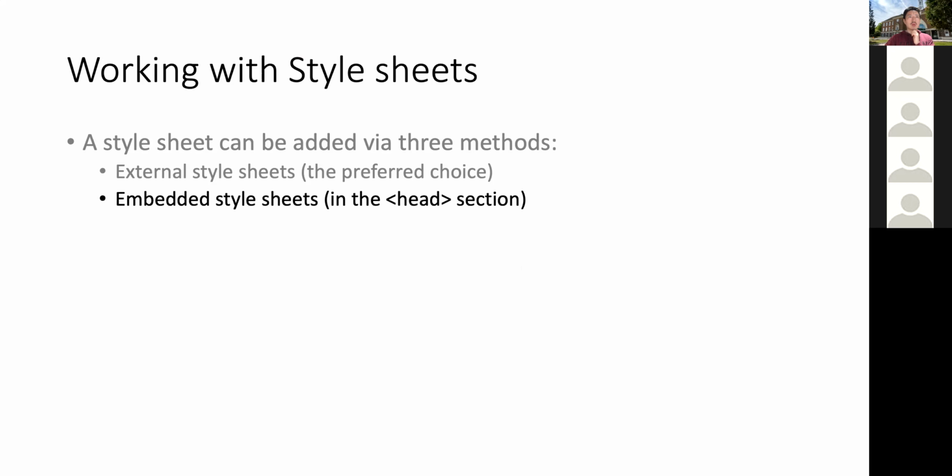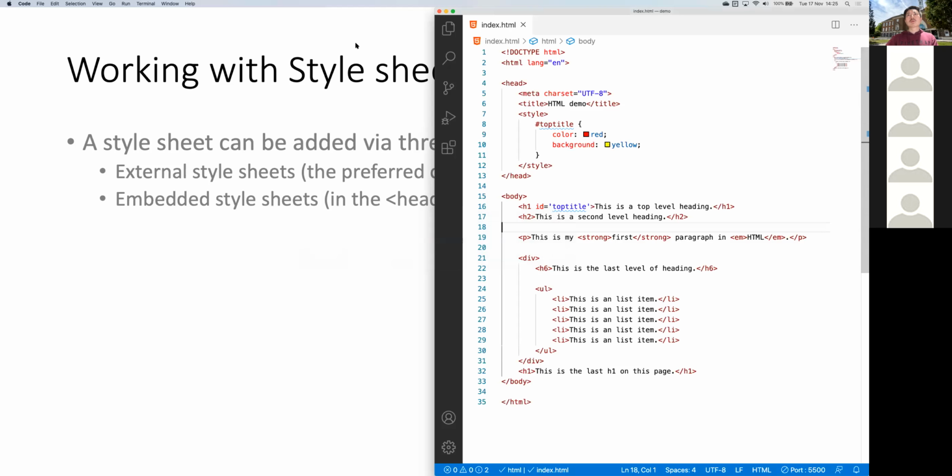The second way is called embedded, which is actually what we used, and it uses the style tag in the head section. So I have this style, and then I create my formatting rules there. Whatever I created here would apply to all the elements on this page.